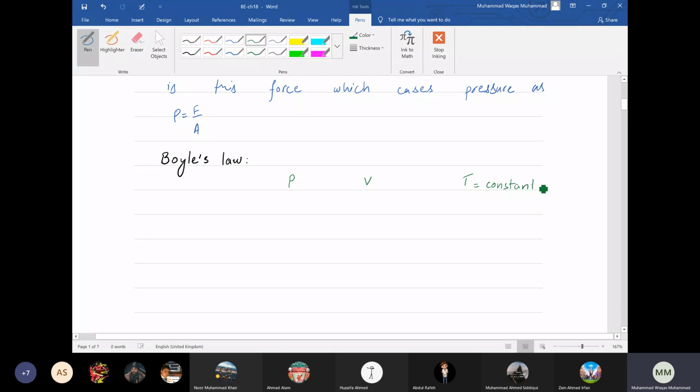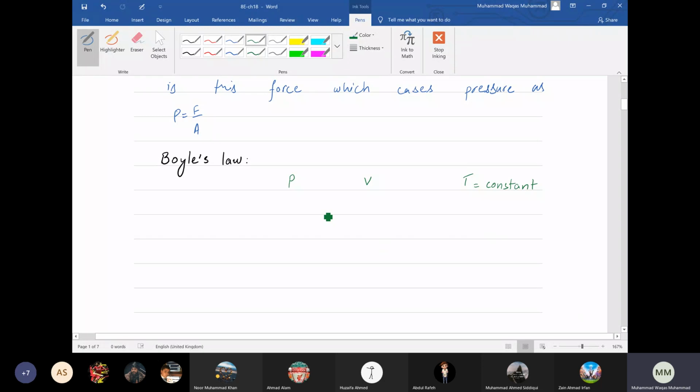And remember, when we study the relationship between these quantities, we will always consider a fixed mass of gas.